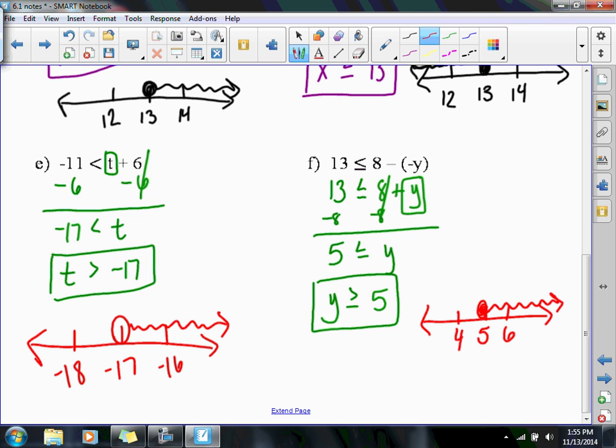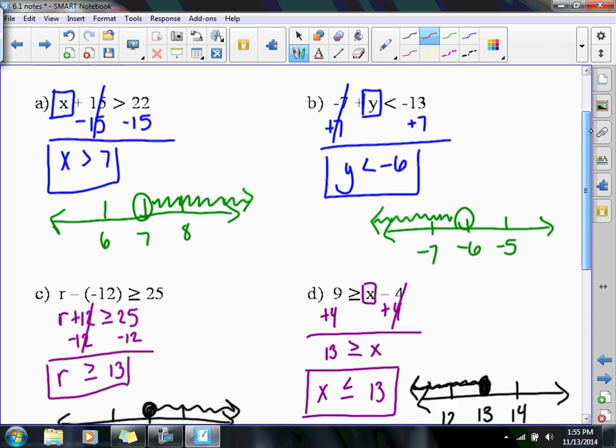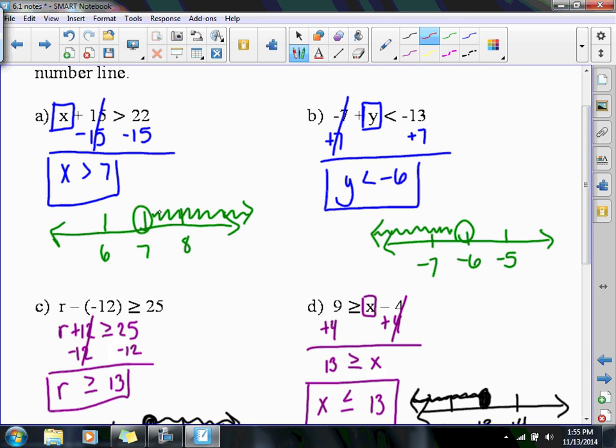Now there's one little hint that you might have noticed. If you look at our graphs, you'll notice that we've shaded on the graph the direction that the inequality arrow is pointing. So here I had a less than, so the little arrow, the little triangle, is kind of pointing to the left.